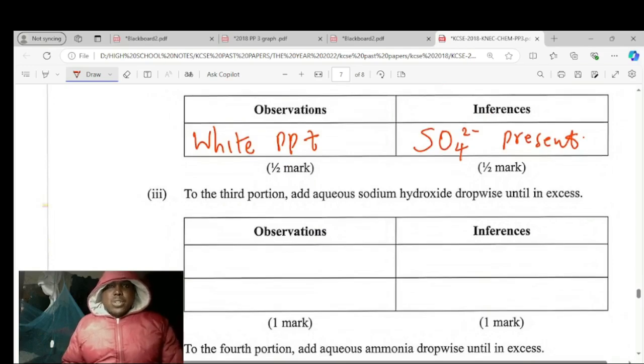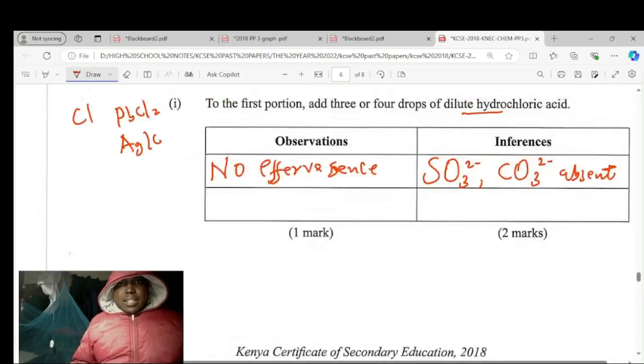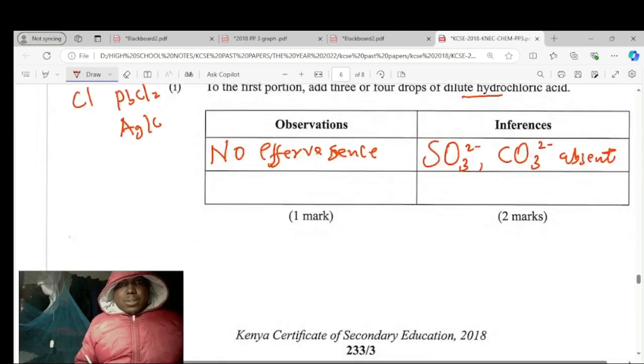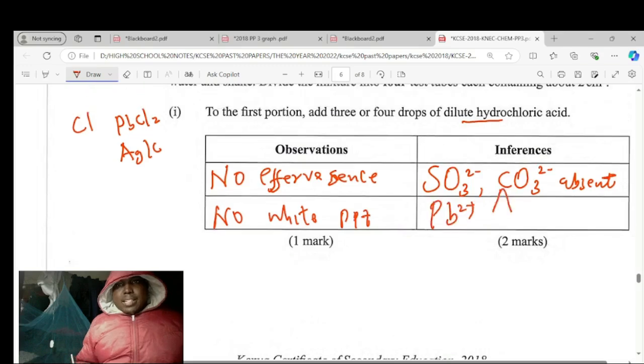To the third portion, add aqueous sodium hydroxide dropwise. There we expect a white precipitate, either soluble in excess or insoluble in excess. There is something we had put here. I don't know why it disappeared here, we said no white PPT, and we said lead, silver, positive, absent.